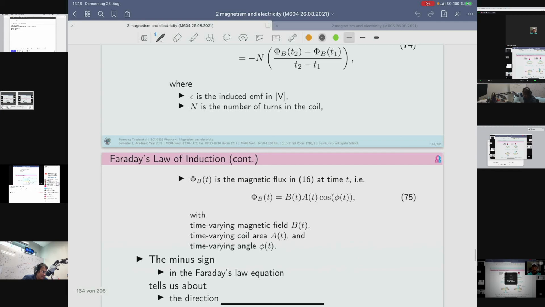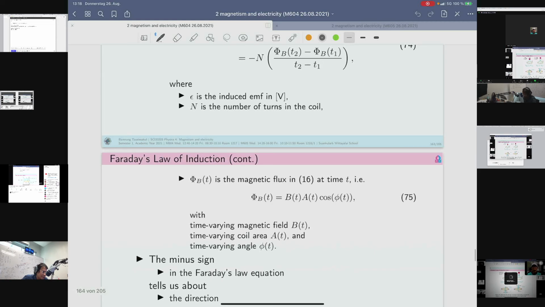So delta phi B is A times delta B, okay, delta phi B will be A delta B.